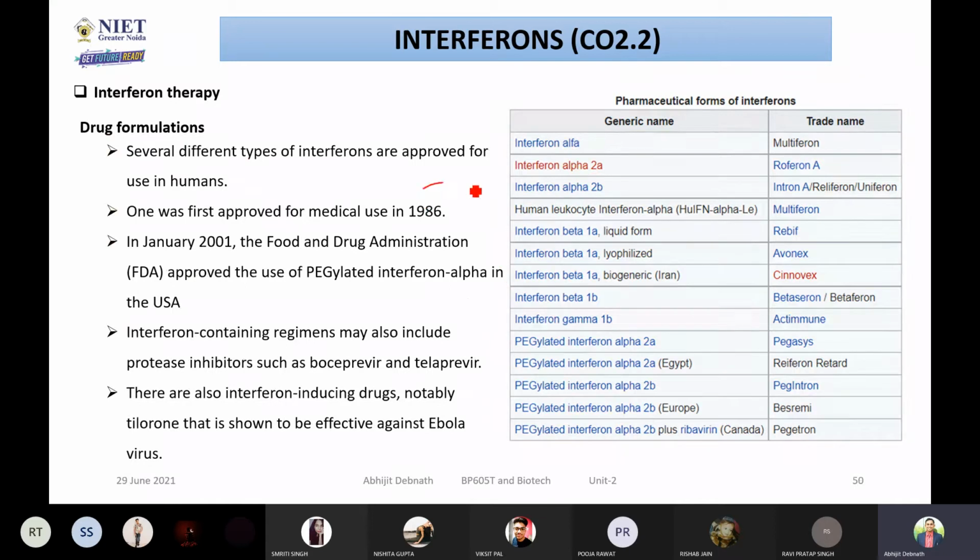It was first reported in 1986. Then in 2001, the FDA approved pegylated interferon alpha. Whatever you are seeing here, these are the trade names available in the market. I hope you might have seen some of these names in the market.